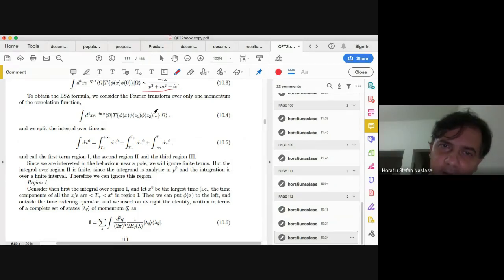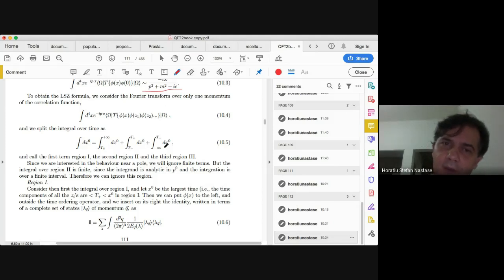The phi of z1 up to phi of zn have z10 through zn0 in some interval, and I choose that interval such that t plus is bigger than all of these, and t minus is smaller than all of these, right?